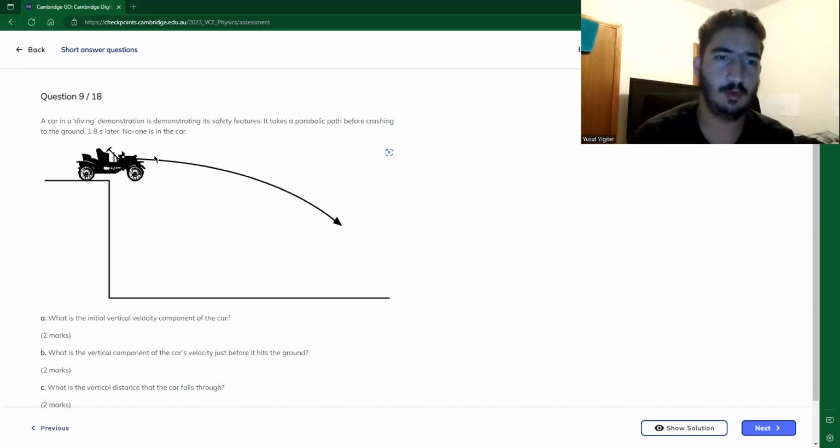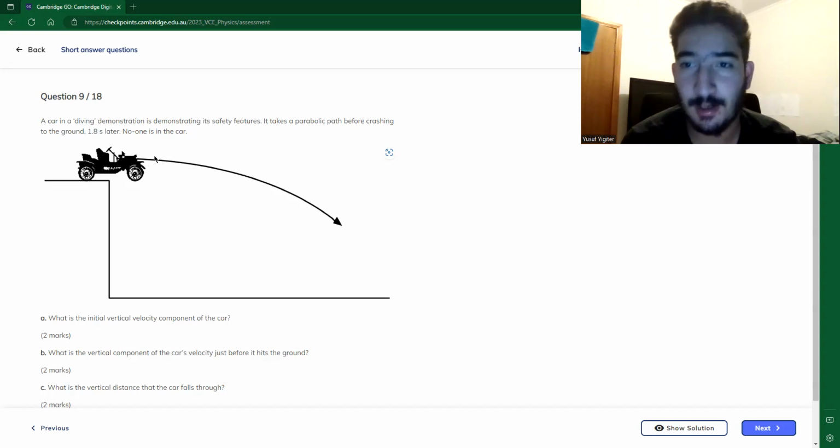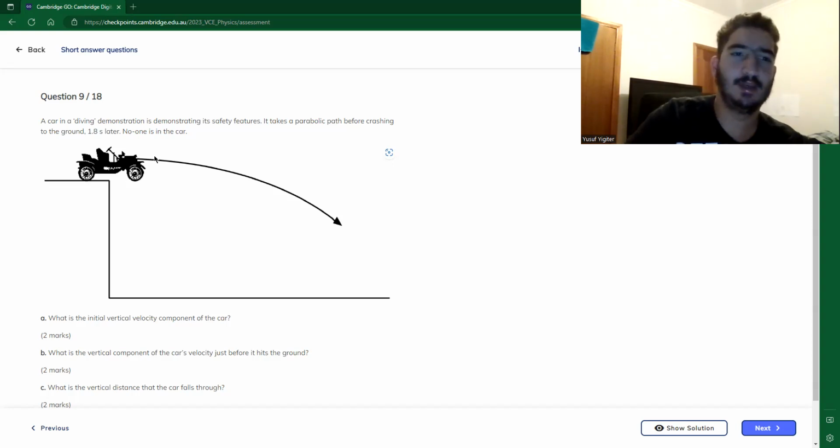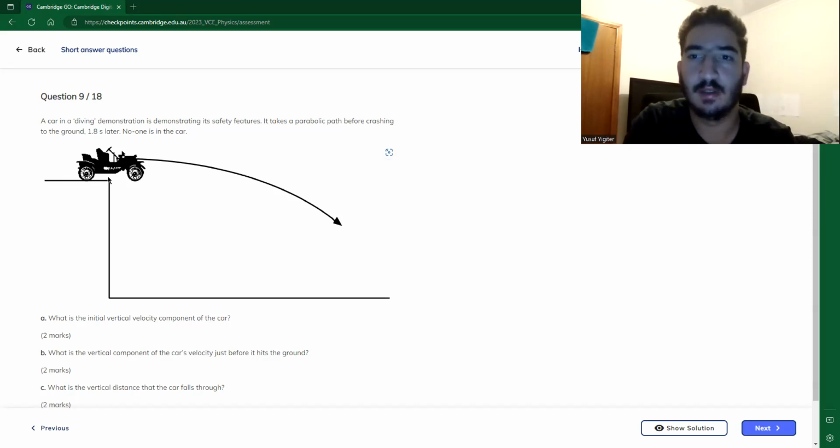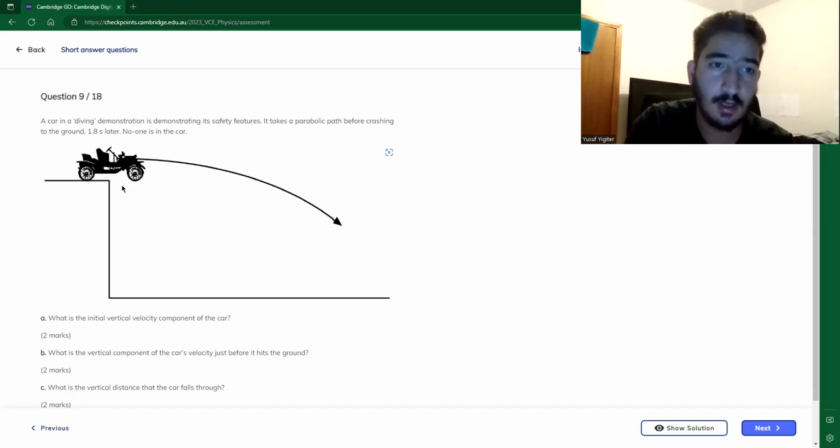Okay, well, the answer of that would be zero. And I'll tell you why. A parabolic path, right? It's going off the cliff. If it was symmetrical like this, same height, then it would have an initial vertical velocity, but it doesn't because it's going straight off the cliff parabolically in free fall.